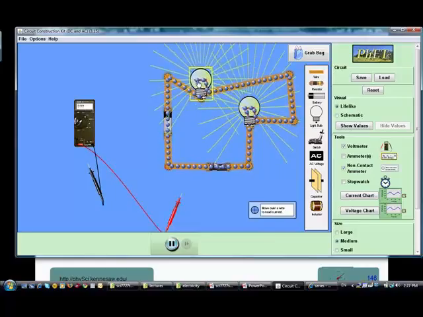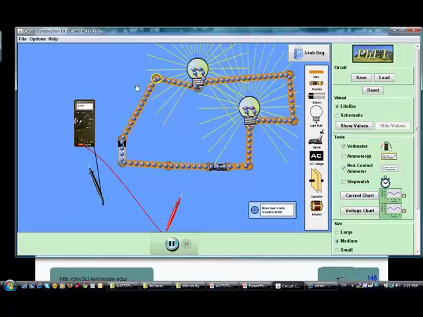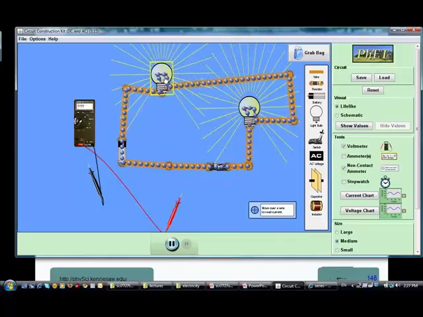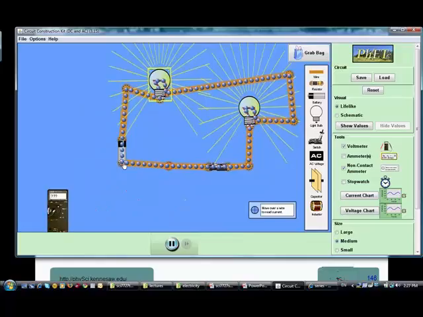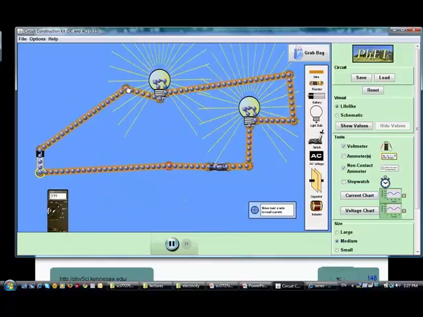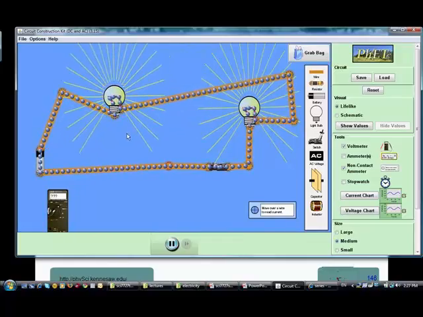Let's try to move them as far apart as we can. Notice here that the light of both light bulbs is the same. These are identical light bulbs.